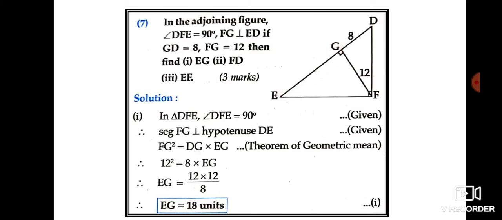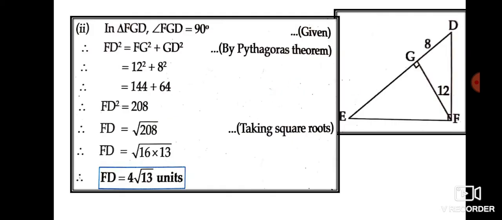Now we go to the next part of the same sum. I've drawn the figure here for your reference. Now let us consider triangle FGD. Now if you look at this, this is also a right angle triangle. In this, this is 90 degree, the side opposite 90 degree is DF, which is the hypotenuse.